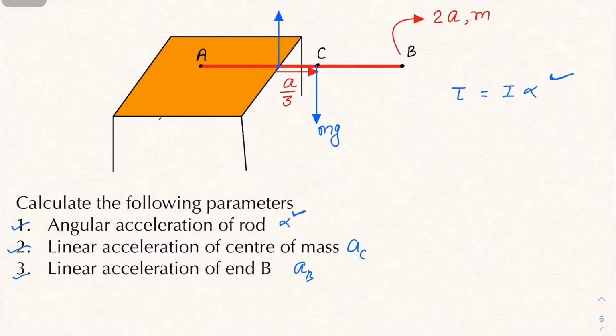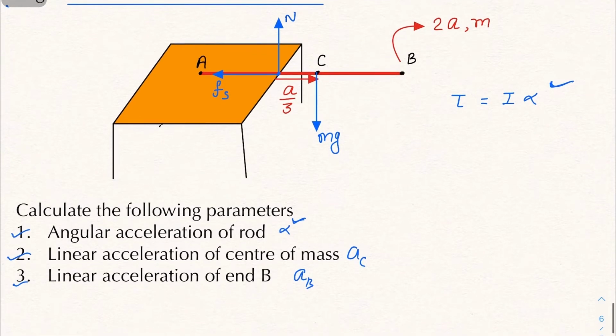The friction will also act at the same point, but parallel to the surface. It will not slide immediately, so it is the static friction which will act. As of now, I have no idea of the value of the normal or the static friction, and we are not interested in these values.